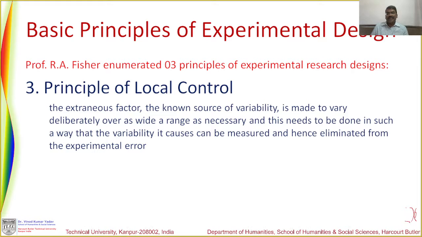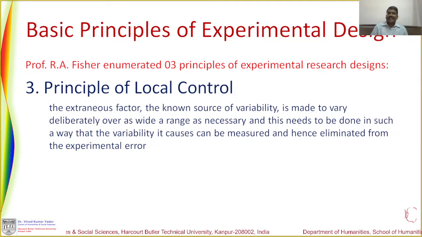Now, the third principle which Professor Fisher talked about is about the extraneous factor, the known source of variability. In agriculture it may be soil fertility or quality; in a market case it may be living standard or demographic profile. Variability means that if high productivity is coming for a rice brand, there may be variability because of soil fertility.